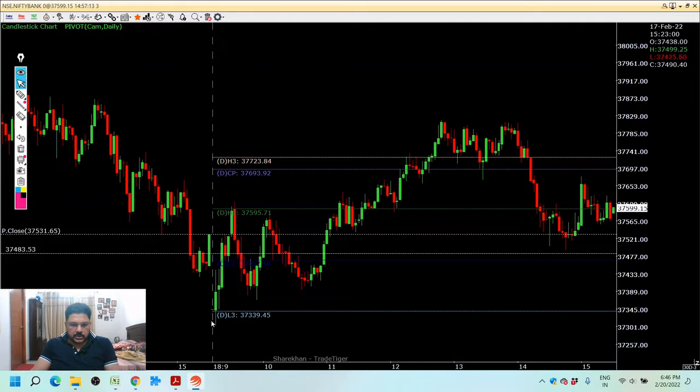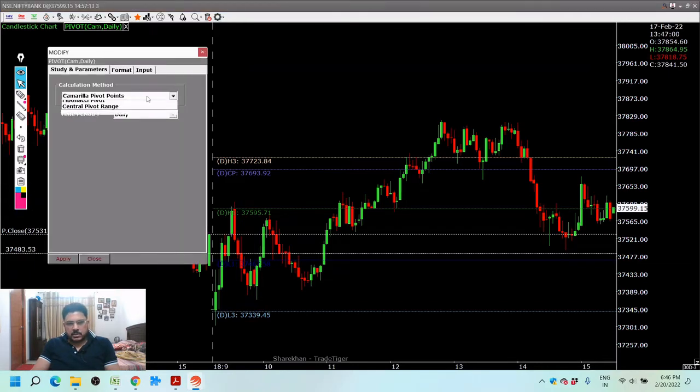But as you can see, unlike the previous pivot, here the price has taken exact support at this L3 and moved up from there, went up to the H1, and from there it raced back and then again came down. Then you can see it has been taking support at this H1 level and moving up, and above H3 it has broken that and come down to this central level. So this is one way of using it.